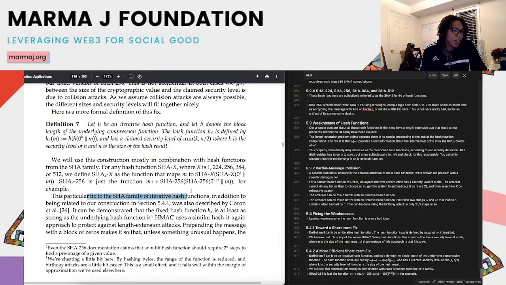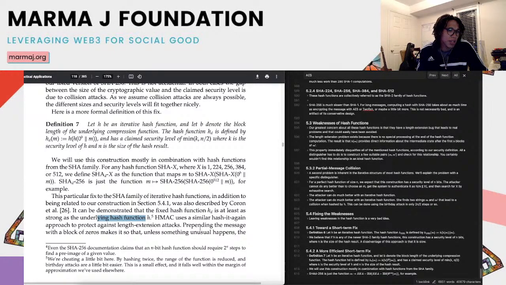This particular fixed SHA family construction was also described by this. It can be determined that the fixed hash function HD is at least as strong as the alternative hash function. HMAC uses a similar hash-it-again approach to protect against length extension attacks.